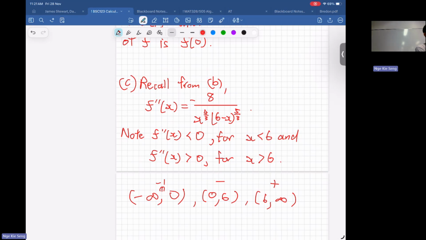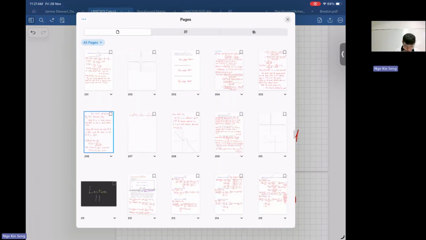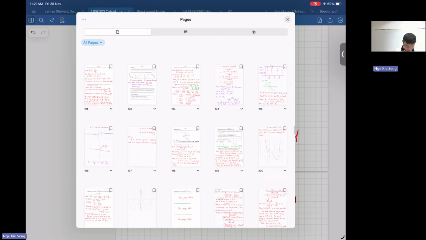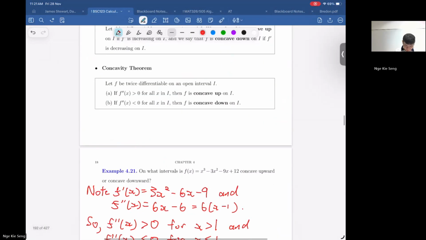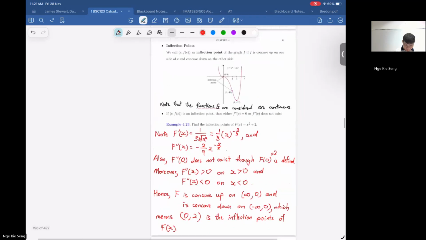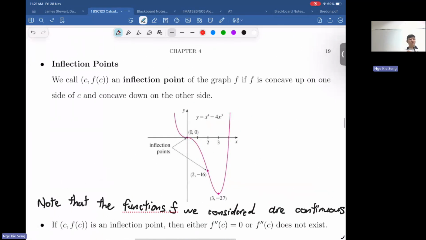But our definition of inflection point is that on both sides the sign of f double prime x differs, right? So you need to prove the sign change.